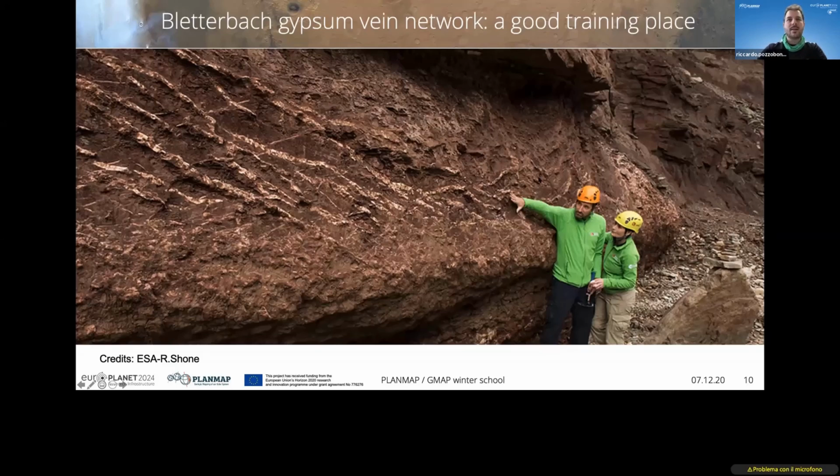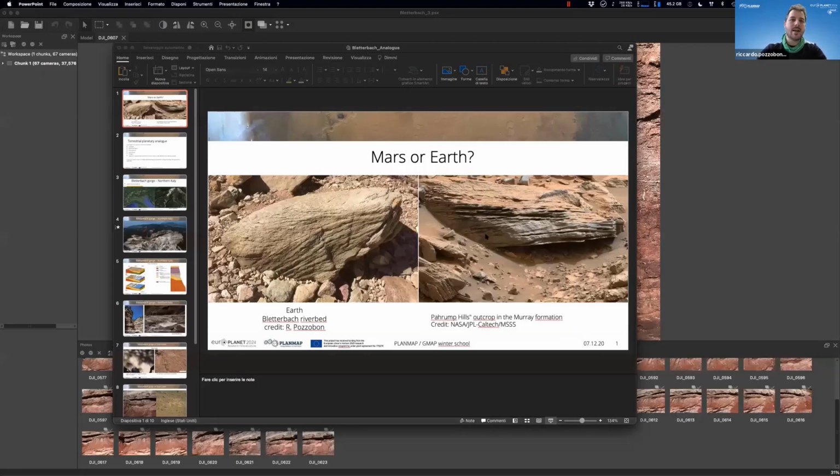So a good way to work on an outcrop like that is that we have much more control on the information we can gather on its 3D shape. Of course, we have the rover on Mars that takes pictures, but the ability to move is quite limited. This is the best we can get, but when we are on the place, we can have our reflex camera, our drone.